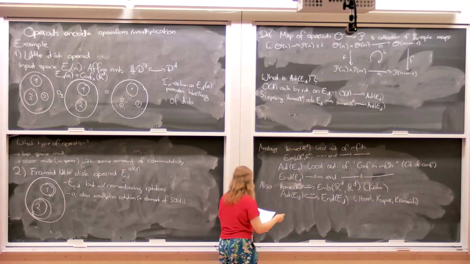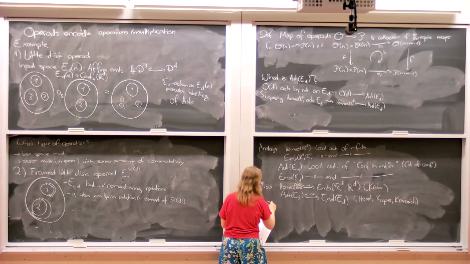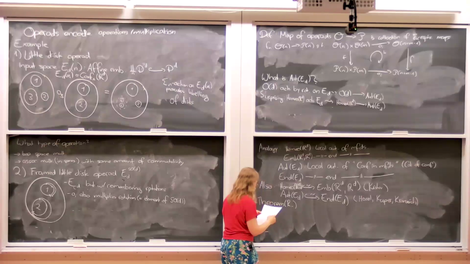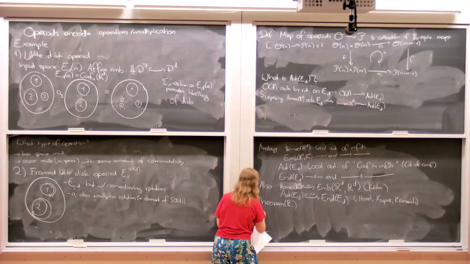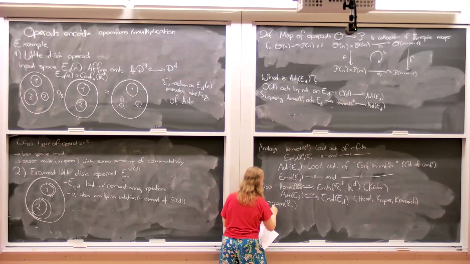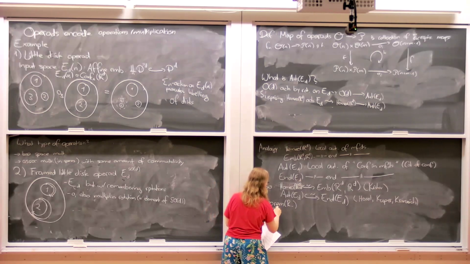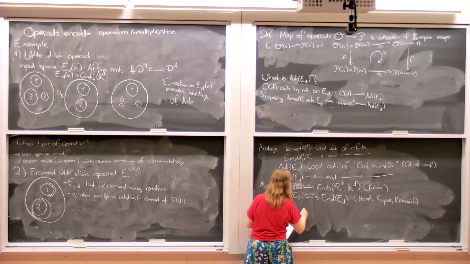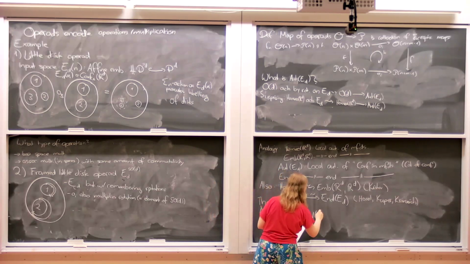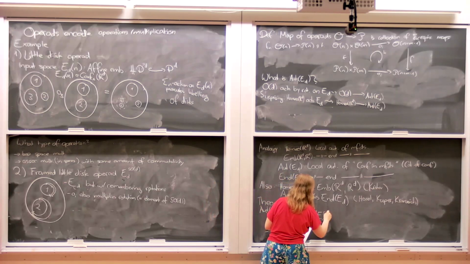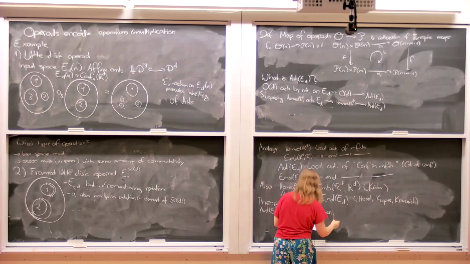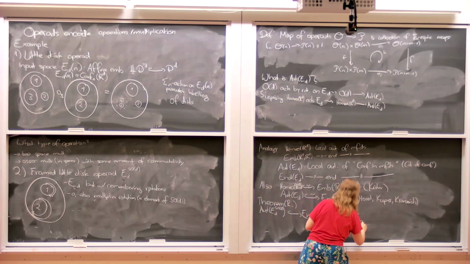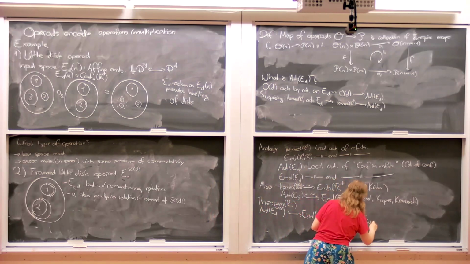So now my theorem says that for the framed case, the inclusion of the automorphisms into the endomorphisms is an equivalence, as stated in the title of the talk.